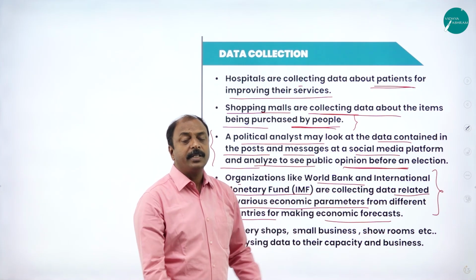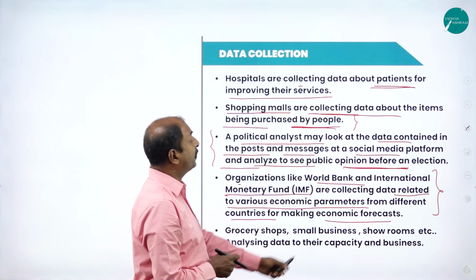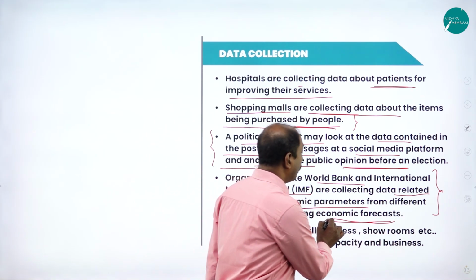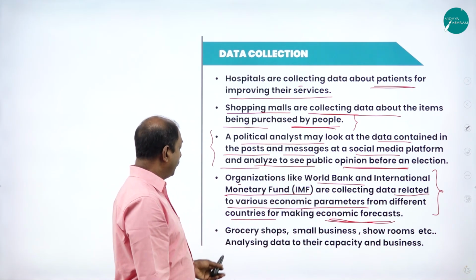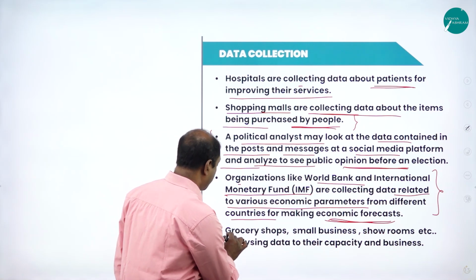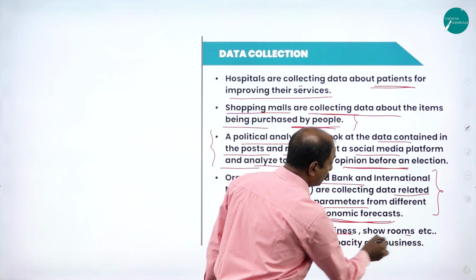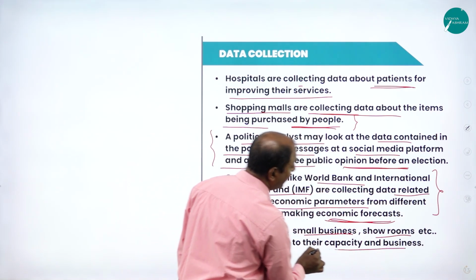The World Bank and IMF get information from different banks or different locations in different countries to assess economic conditions or economic status. Then grocery shops, small businesses and showrooms, etc., analyze data related to their capacity and their business.